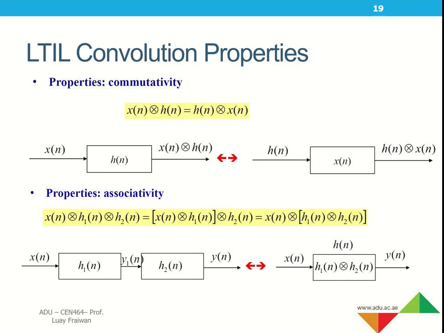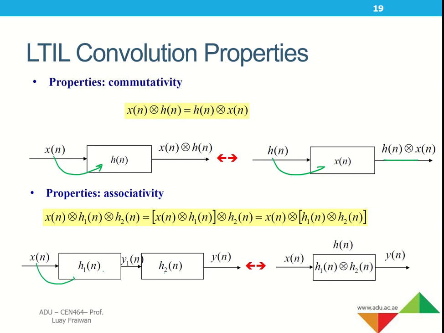Some basic convolution properties: if you convolve x with h, or you convolve h with x, the result will be the same, there will be no change. This is called the commutative property. If you have two impulse responses, there are two ways.